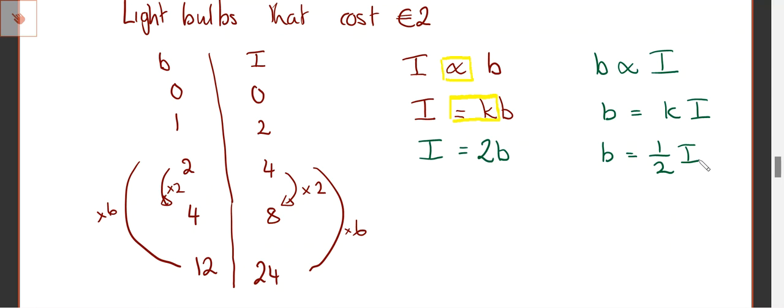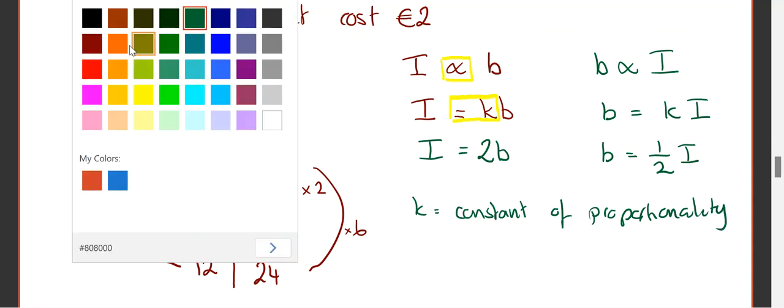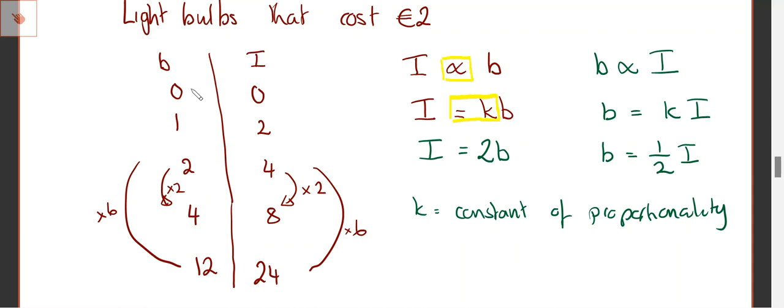So our proportional relationship can be written both ways, where the constant of proportionality depends on which way around you look at it. But what's important is the notation, knowing that K is the constant of proportionality. And you will see that when you look at your ratios times the constant of proportionality, if we go that way.